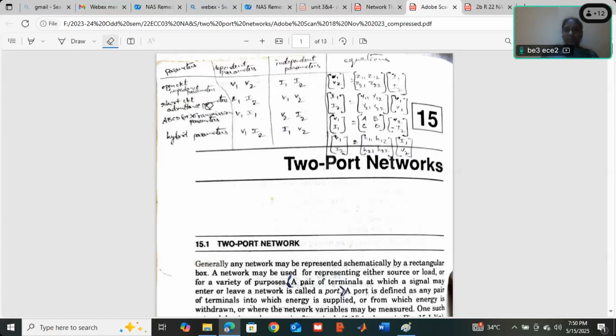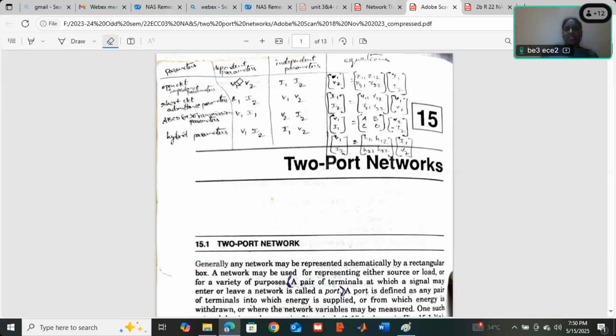Another name for admittance parameter is short circuit parameters. Another name for transmission parameter is ABCD. Hybrid parameters are also called H parameters. So you can call them Z parameter, Y parameter, ABCD parameter, and H parameter. Four different things are there.